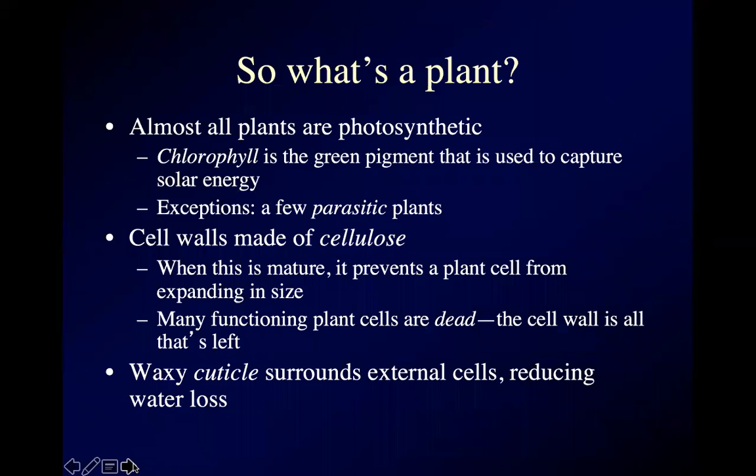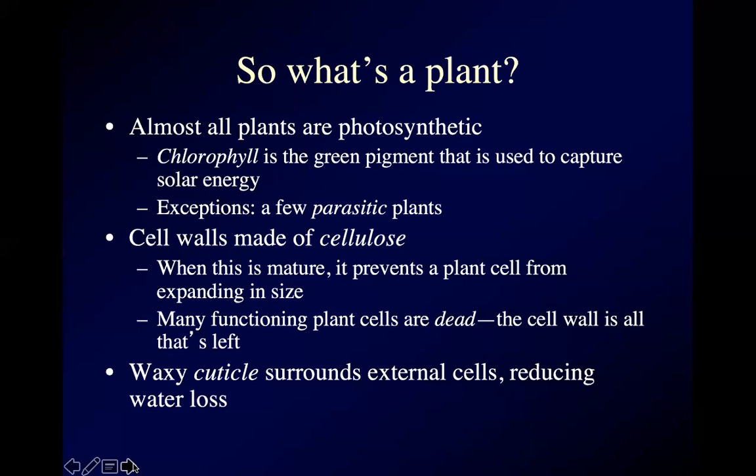You have, I assume, seen plants before, unless you grew up in a Skinner box. You've seen grasses and trees and flowers and bushes and so on. Almost all plants are photosynthetic, and they use a green pigment.